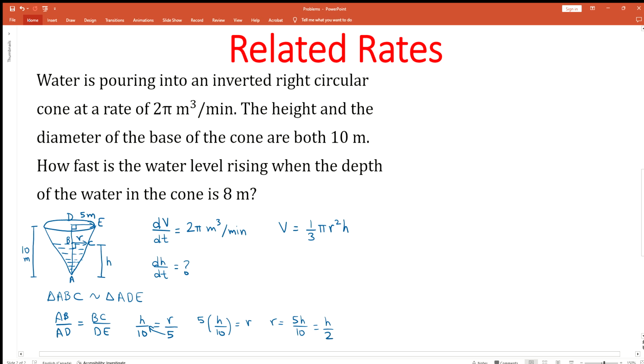We can use this equation to do the substitution for r in the volume formula. We can simplify this equation. (h/2)² is equal to h²/4.